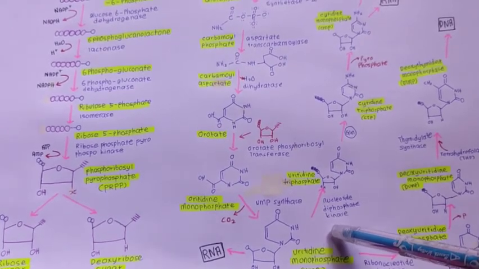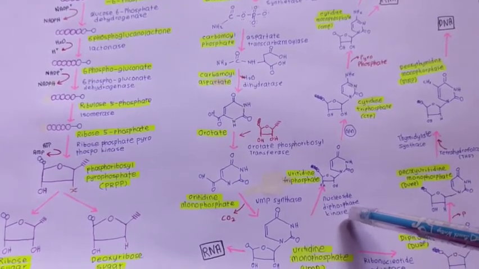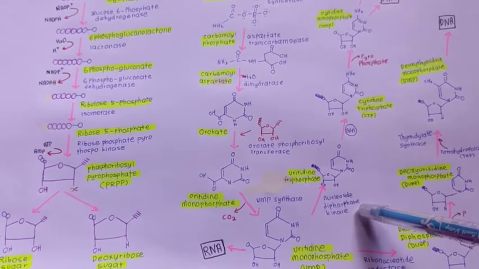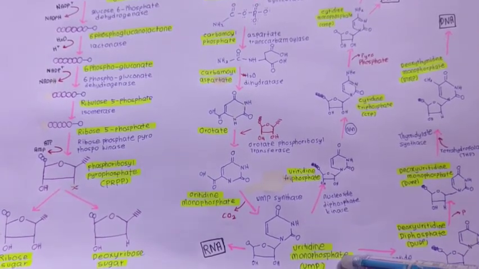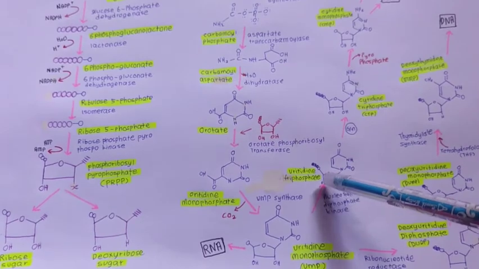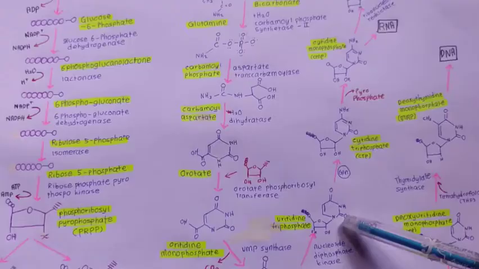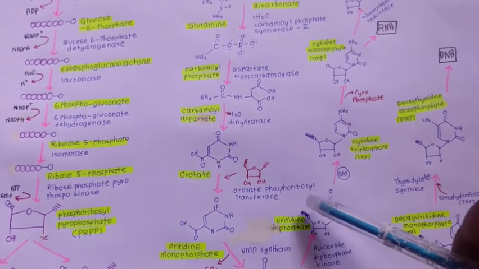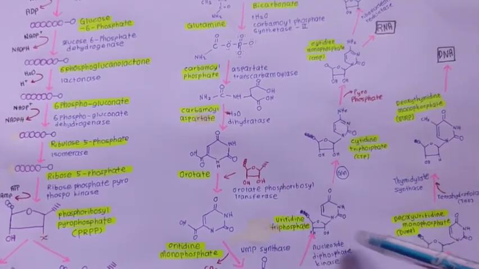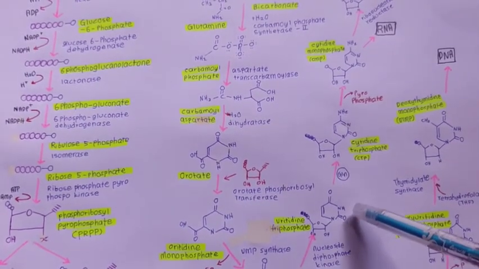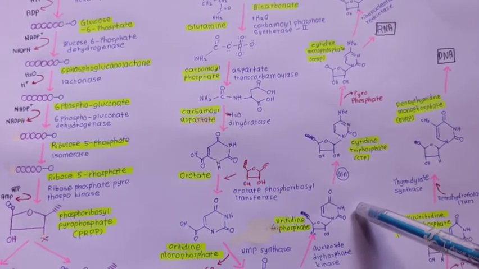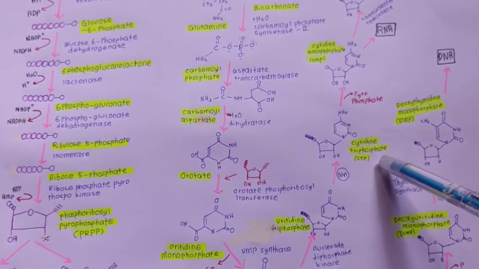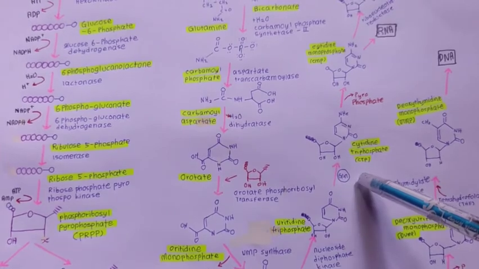Then, the enzyme nucleotide diphosphate kinase converts this UMP into uridine triphosphate. Uridine triphosphate has 3 phosphate groups, and we need to convert uridine triphosphate to cytidine triphosphate using glutamine.